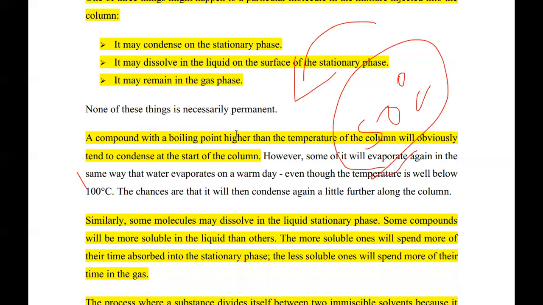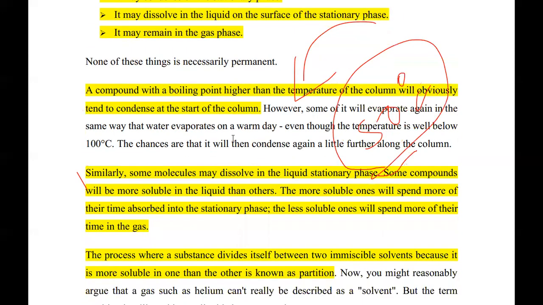Then the other point here says that similarly, some molecules may dissolve in the liquid stationary phase. Some compounds will be more soluble in the liquid than others. Of course, the difference in solubility gives rise to the differences in the time when the samples are detected by the detector and the time when the peaks appear on the screen.